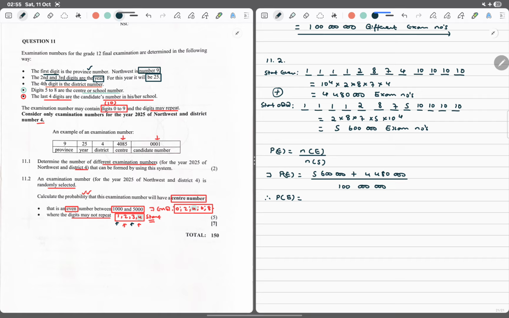So what do we get there? We get an answer of 63 over 625. Of course, guys, once we get a nice fraction, I leave it here.